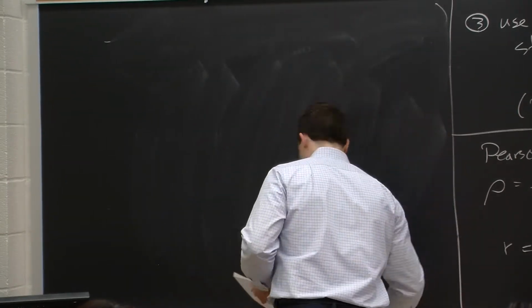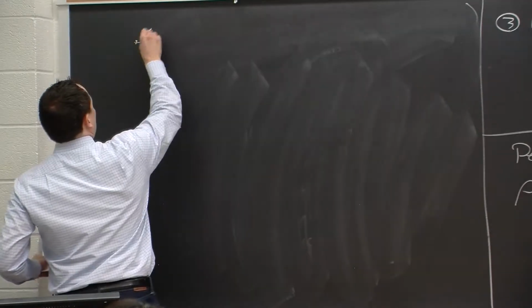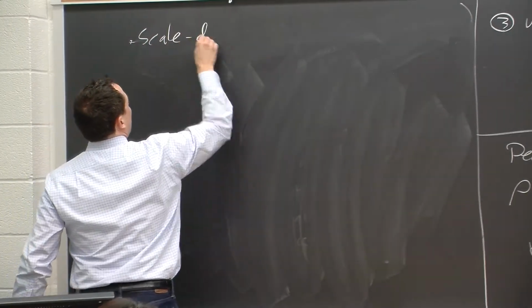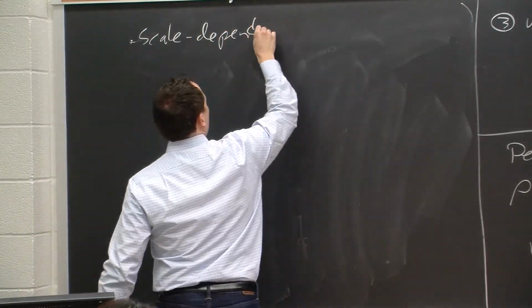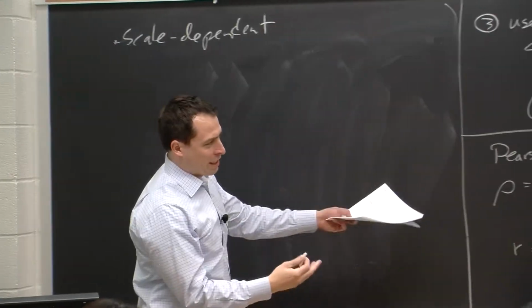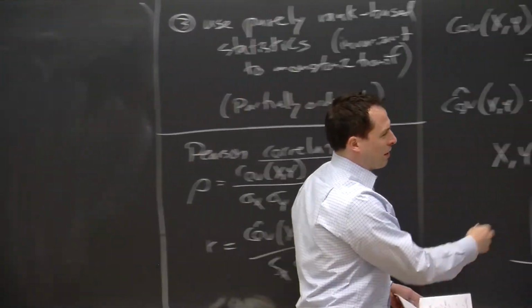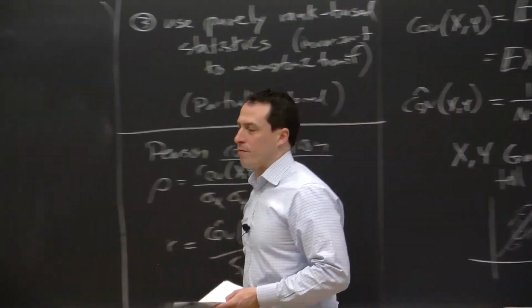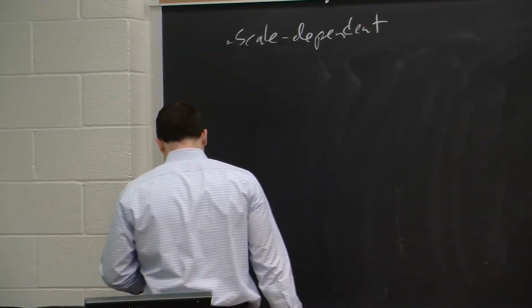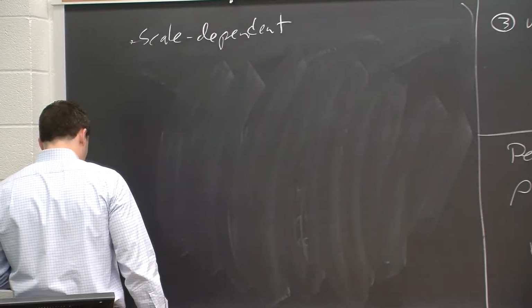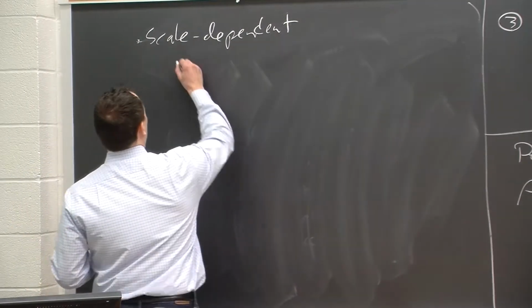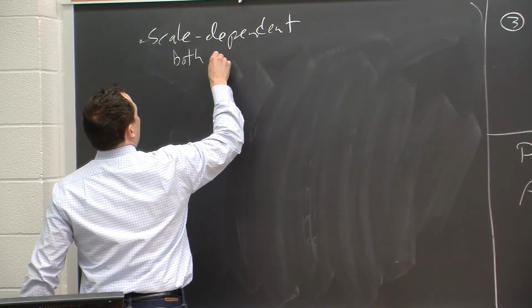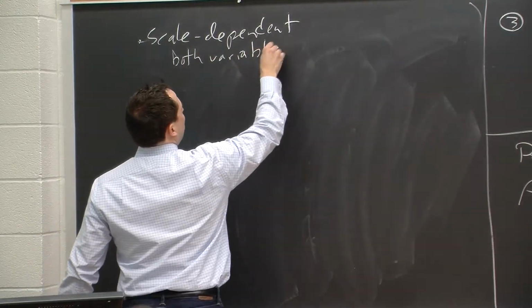And so the other thing to note is that it's, of course, scale dependent. Right? I mean, we're talking about choice of encoding, but if I change the encoding, if I change the numbers, if I rescale one of these axes, I can get a wildly different correlation. So you have to be careful about that. And both variables, these are sort of assumptions to worry about.